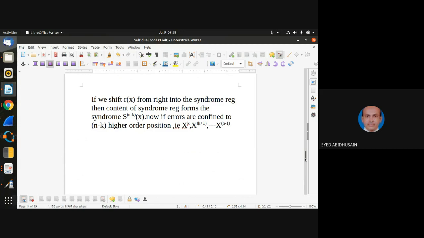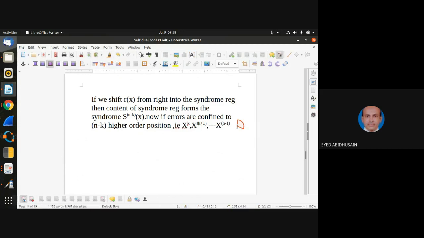Remember, once again I am telling, error trapping decoding is also one type of cyclic decoding only, binary cyclic decoding, which you have already studied in our previous classes, right? The only thing we are trying to concentrate on here is restricting the errors to some particular terms, say higher order terms, because if I take (7,4) as the values of n and k, we conclude that the terms x to the power 4, x to the power 5, x to the power 6 will have the errors.